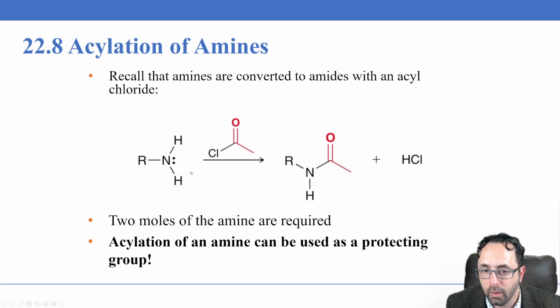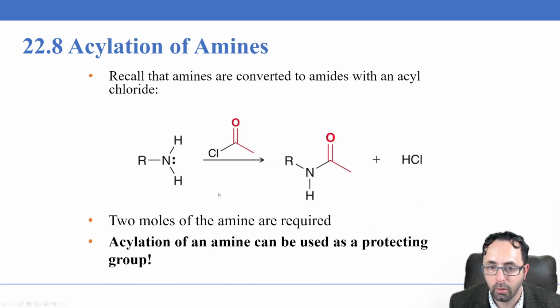Ultimately, the nitrogen here ends up attached to the carbon atom. Of course, we can see that one hydrogen here is lost. That's going to be removed by the second mole of amine here, the second stoichiometric quantity, which is going to be used to deprotonate the resulting product.